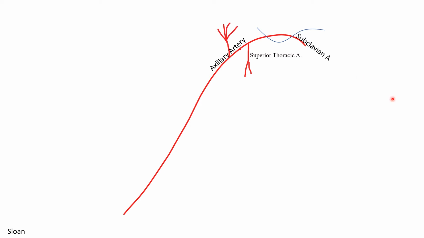Okay, the next branch is the thoracoacromial trunk. Thoraco-acromial, near the acromion trunk. It's a short trunk before it branches into 4 main branches going to the particular region. We have the pectoral branch, the deltoid branch, acromial branch, and clavicular branch.